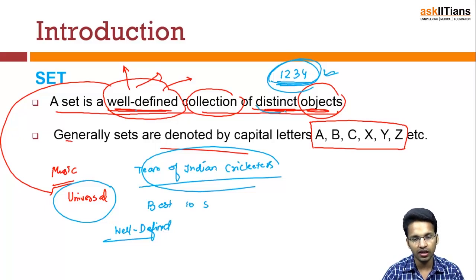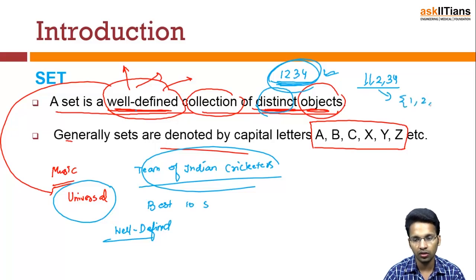And distinct, obviously, the word distinct means it should be different. Like if you are writing in a set 1, 1, 2, 3, 4, then the set is actually 1, 2, 3, 4. Now these are the brackets which we use to represent the set, okay.